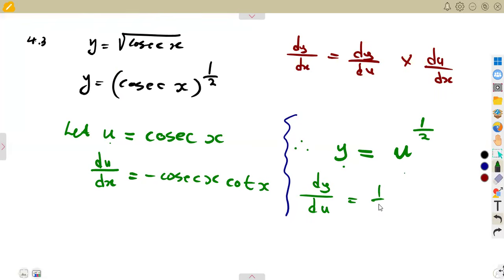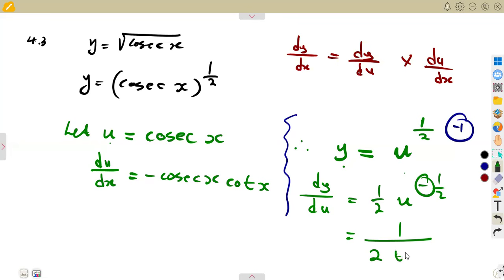Remember, we drop the exponent, then subtract 1 from the exponent. That is half minus 1, which is minus a half. You can simplify further. This is the same as 1 over 2 u to the exponent of a half, where u to the exponent of a half is the same as the square root of u. You can write it as u to the exponent of a half or minus a half, it's up to you.